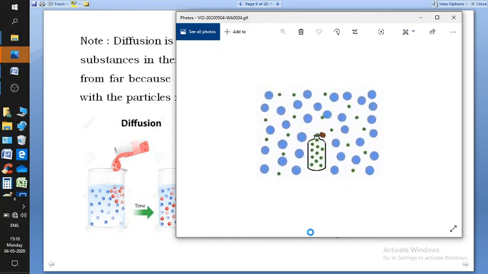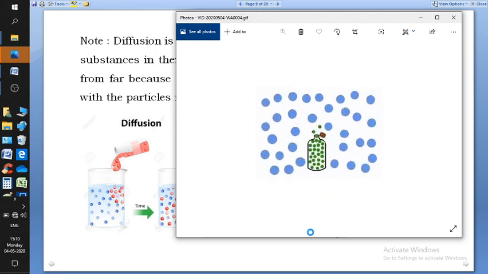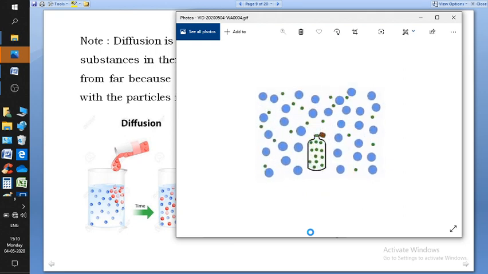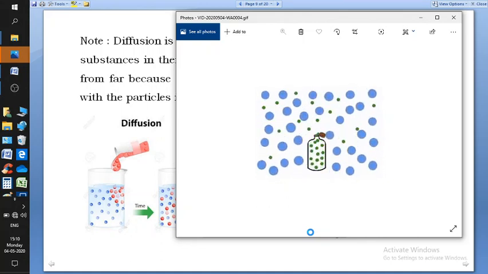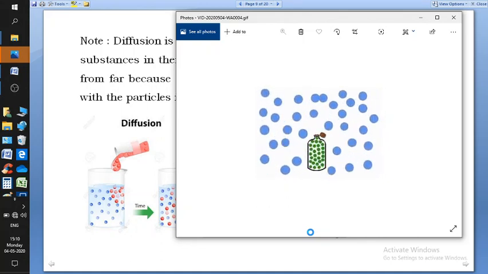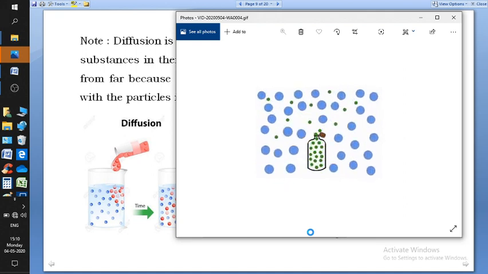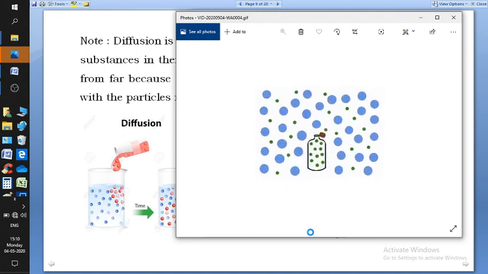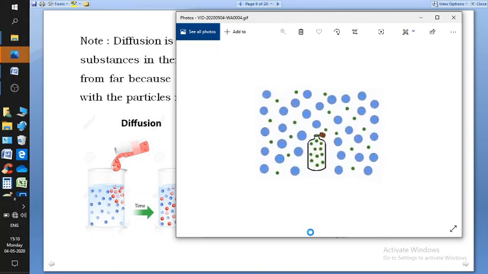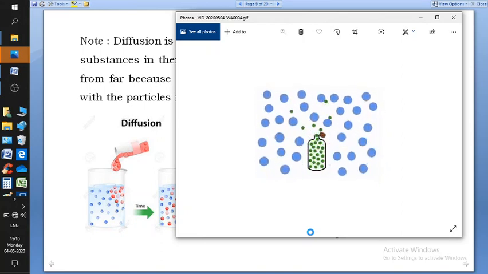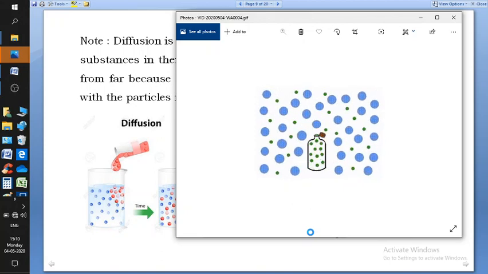When you open a bottle of perfume and spray it, what happens in that particular surrounding? After some time, you will find that the whole room gets the smell of that perfume. We get the smell in an instant, that means in a few seconds.